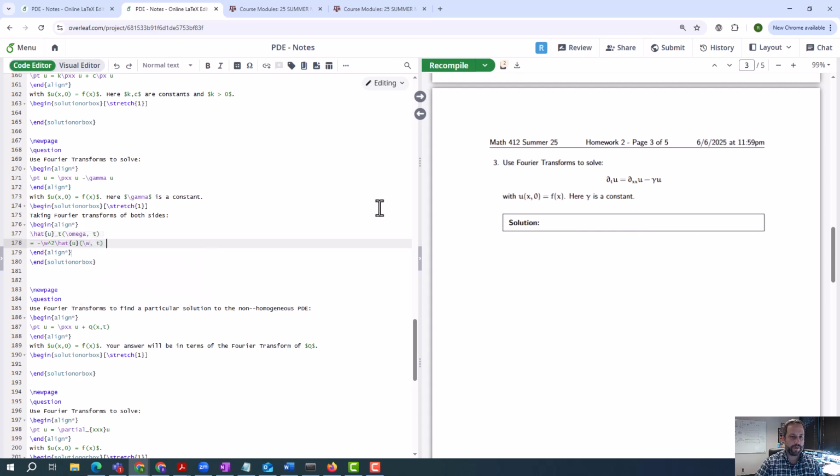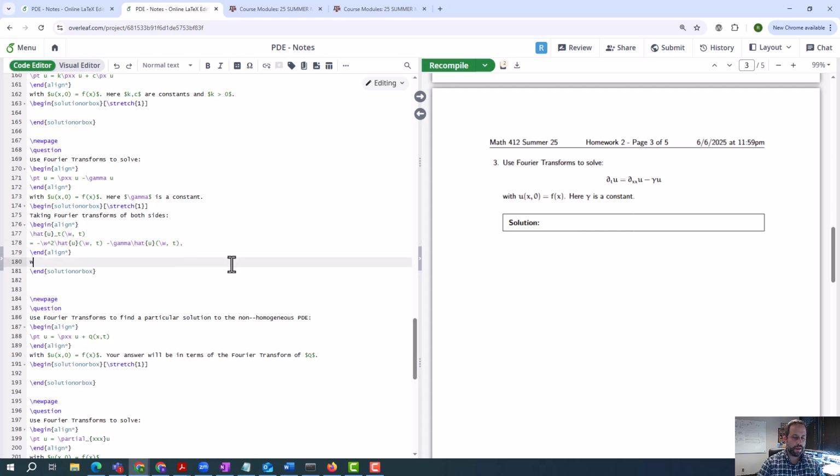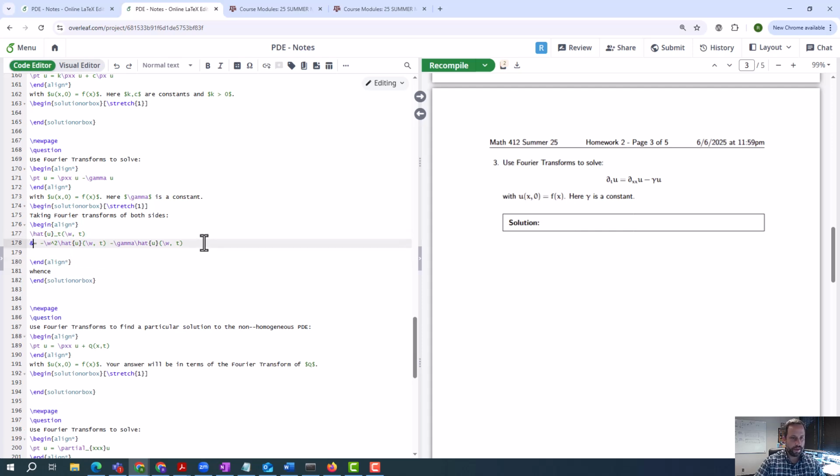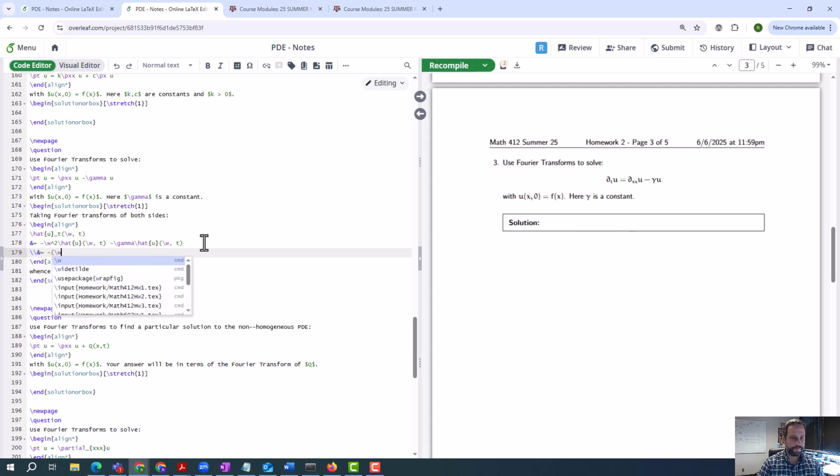I wrote omega up there, but here, just to make things consistent. And then minus gamma. Let me do one more line here for the algebra's sake. So this is going to be minus omega squared plus gamma times u hat of omega, t.